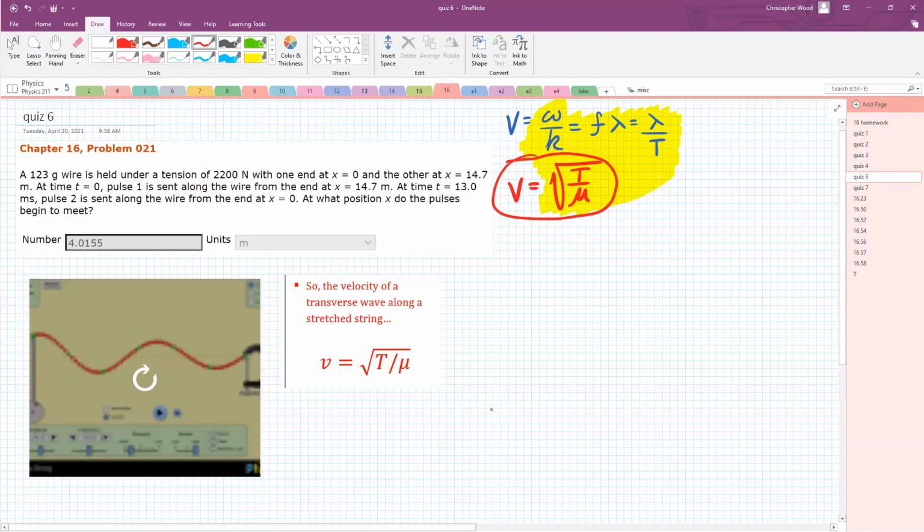And I have that right here. This is string tension, and you'll be using this equation on Thursday. This is mass density. So mu equals the mass of the string per the length of the string.